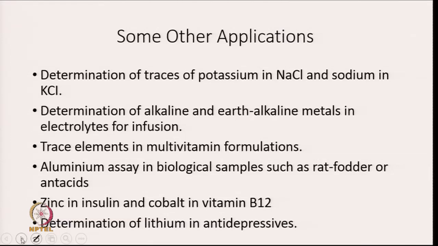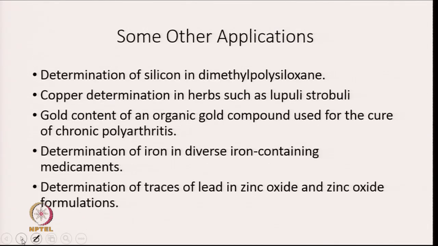Similarly, atomic spectroscopy is used in aluminum assay in biological samples such as rat fodder or antacids. It is also used to look at zinc in insulin and cobalt in vitamin B12. Atomic spectroscopy is also used in the determination of lithium in antidepressives.